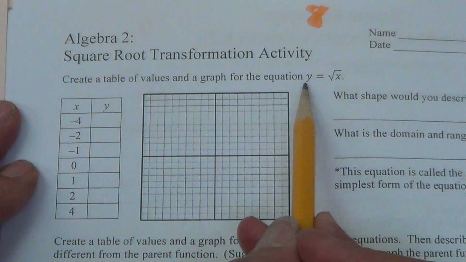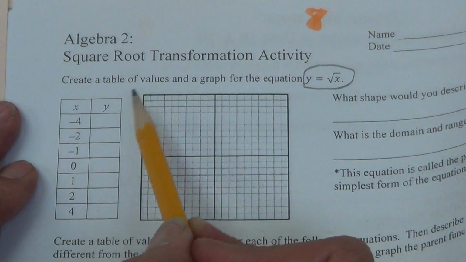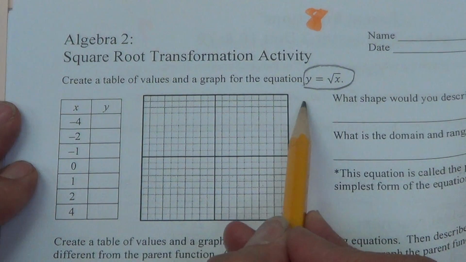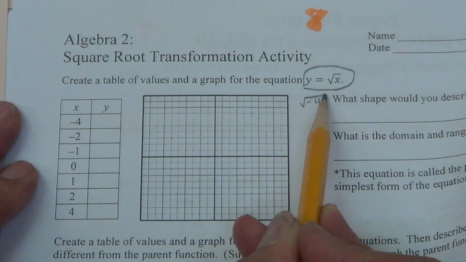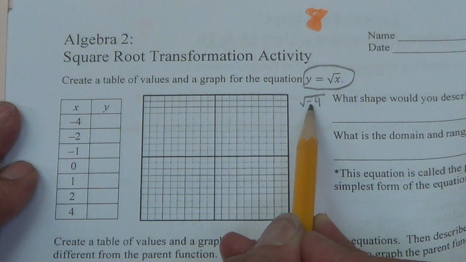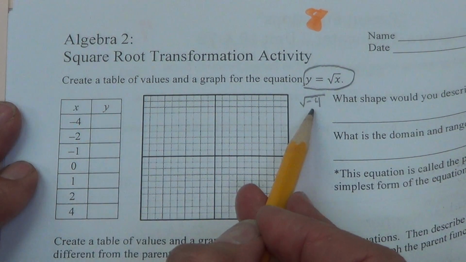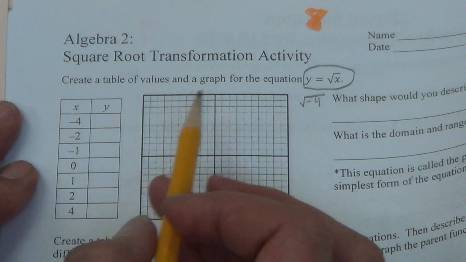Here is our parent function. That's what we're plugging our x value into. So I want you to take that x value, plug it in there. What's the square root of -4? Can you get two numbers multiplied by each other to equal the negative? -2 times -2 would be a +4. +2 times +2 is +4.